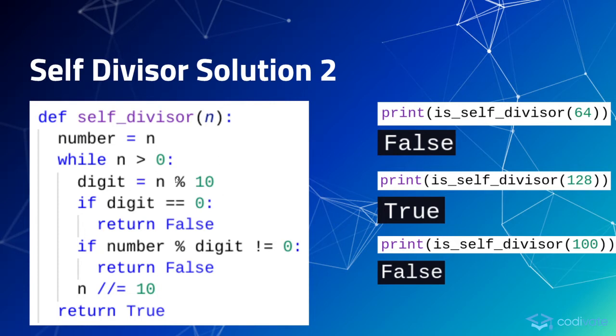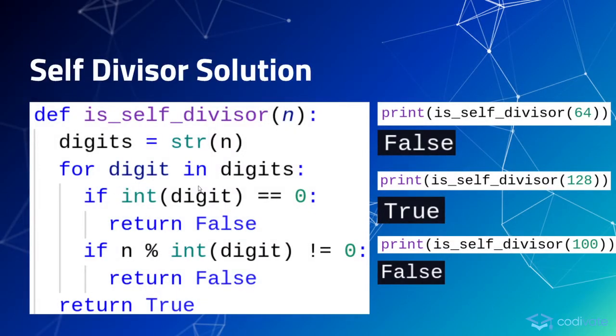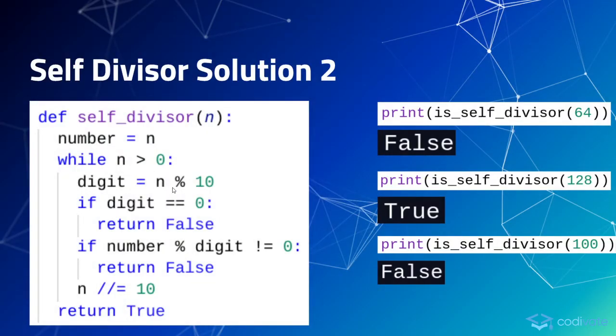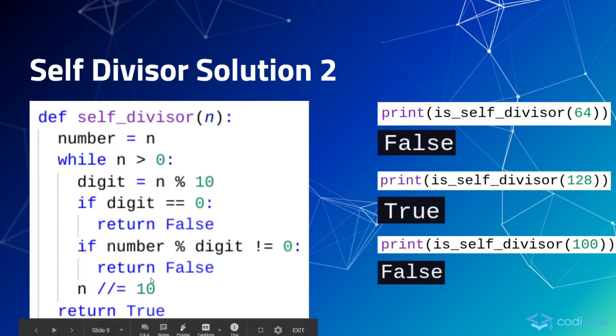What we're doing is basically looking at the last digit using modulus 10, and we're doing the same condition checks that we did as before. It's just that since we are never converting it to a string, we don't need to cast these back as integers here. Once we do the checks with the last digit, we can chop that last digit off using integer division by 10. And since we are using this while loop, this entire code segment will repeat from right to left of the number.